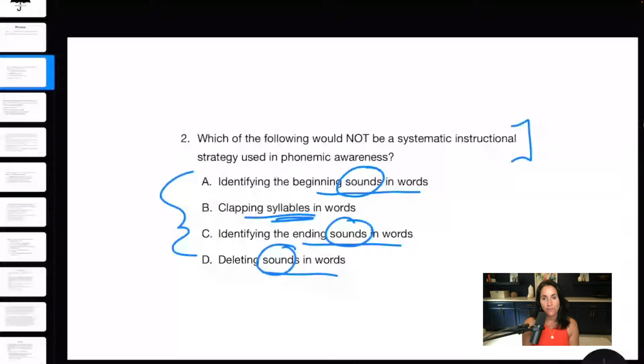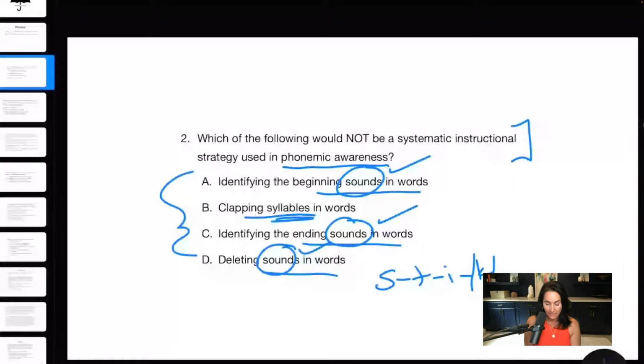Let's read the question. Which of the following would not be a systematic instructional strategy used in phonemic awareness? Well, we know phonemic awareness has to do with sounds, sounds, sounds. And we know phonemic awareness has to do with individual sounds. Remember, I said s, t, i, k, right?